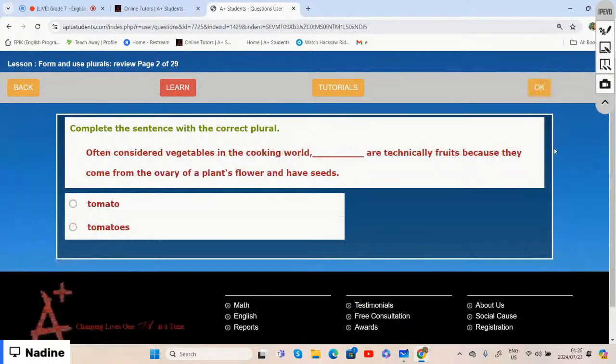Tomatoes, often considered vegetables in the cooking world, are technically fruits.